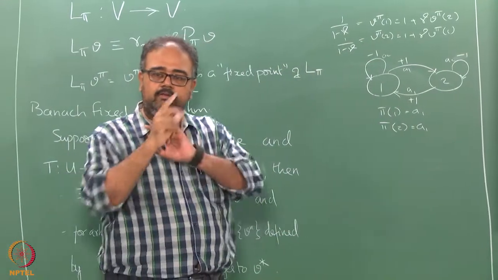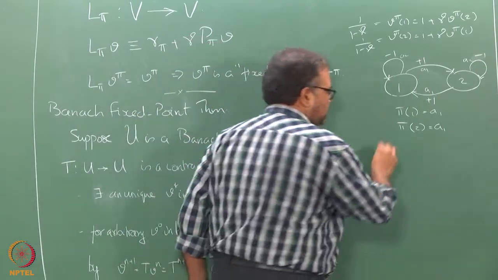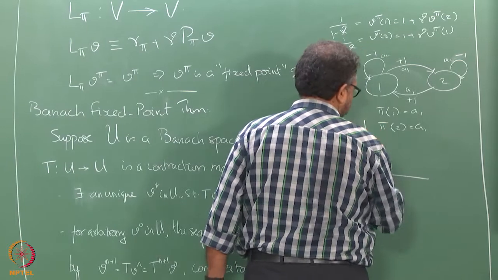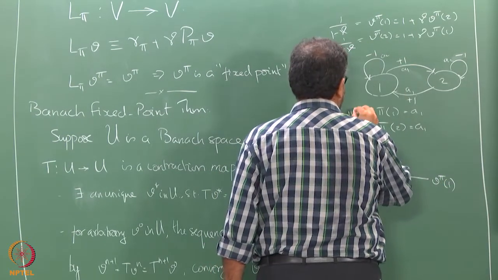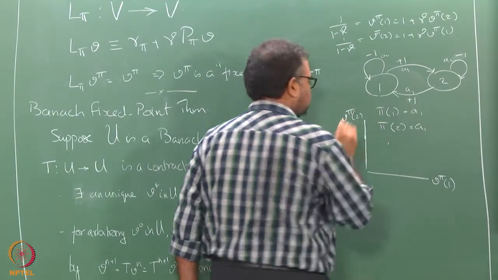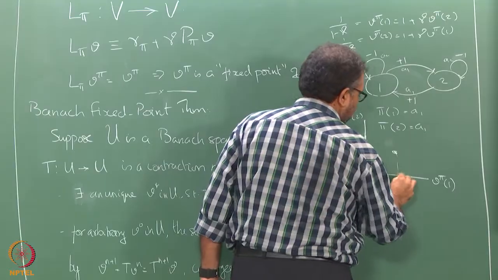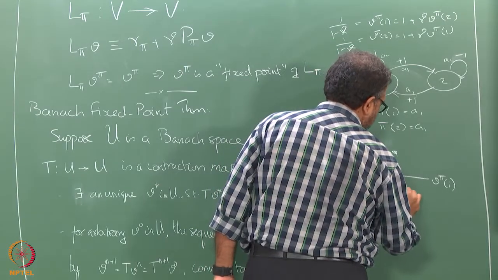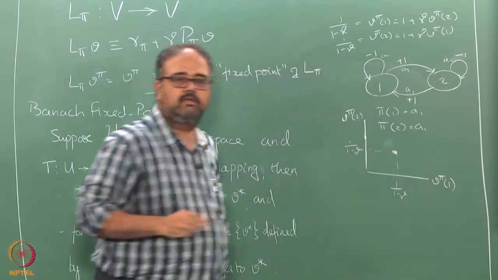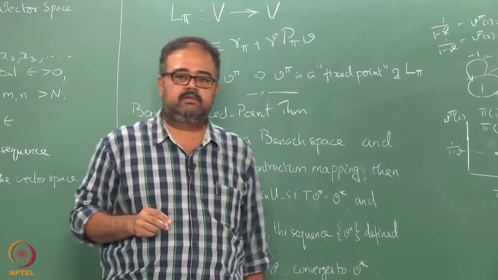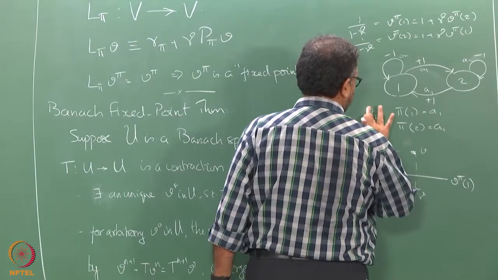Right. Now if I think of this in a two-dimensional space, so I have a two-dimensional space, this dimension is V pi of 1, this dimension is V pi of 2, just a point. So this point is, this I shouldn't say pi, V of 1.